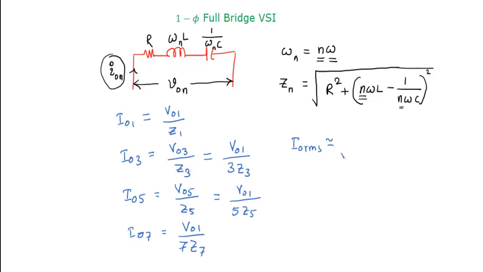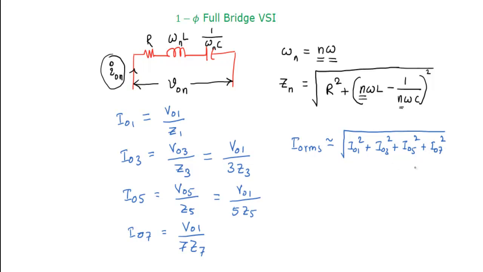Then the RMS value of the load current is the vector sum of these currents, that is, the square root of I01 square plus I03 square plus I05 square plus I07 square.